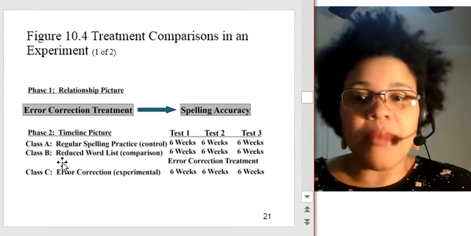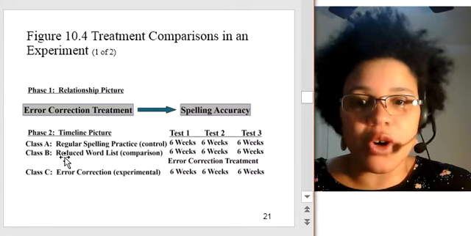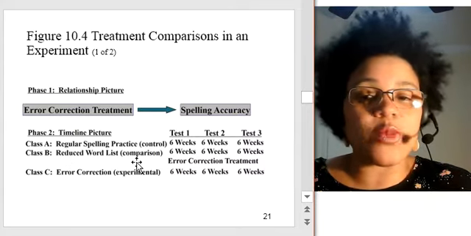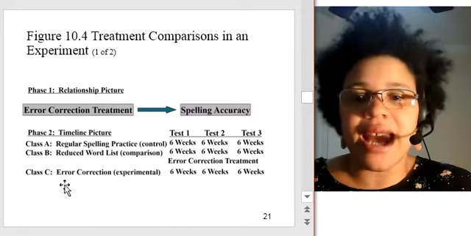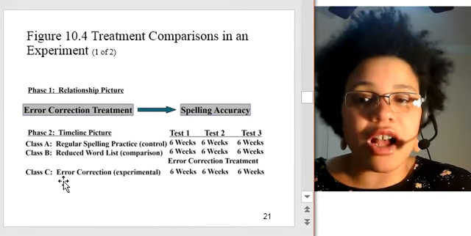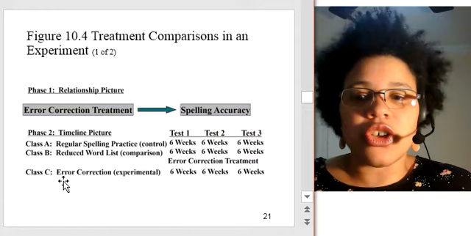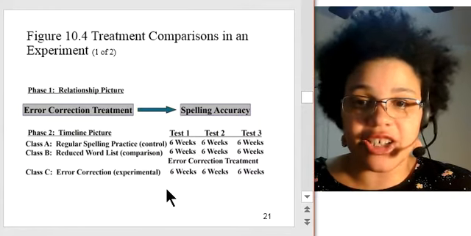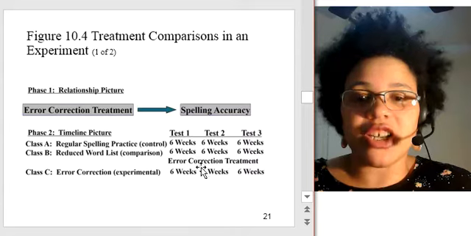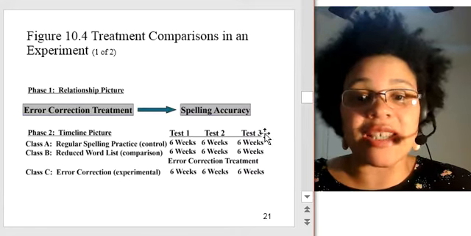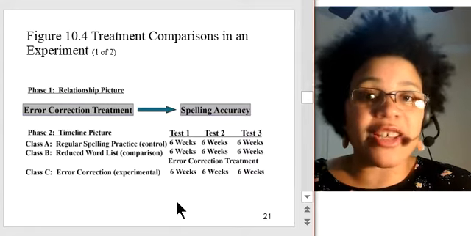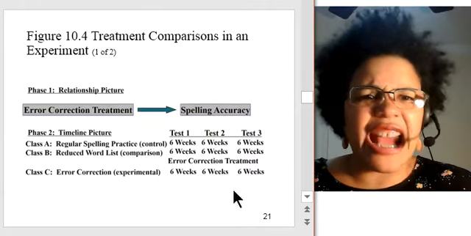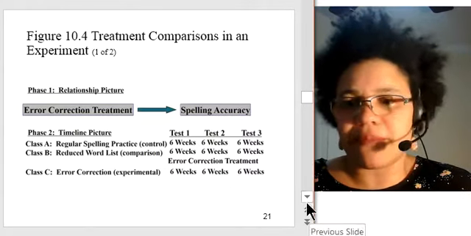You might compare that class's performance to another class where they have a shorter spelling list. And finally, you might compare those two to some new thing you're doing around error correction. And you're looking at spelling accuracy maybe across 3 weeks. So comparing the test on Friday of the first week to the test, maybe you're going to average them and then compare the groups, something like that.